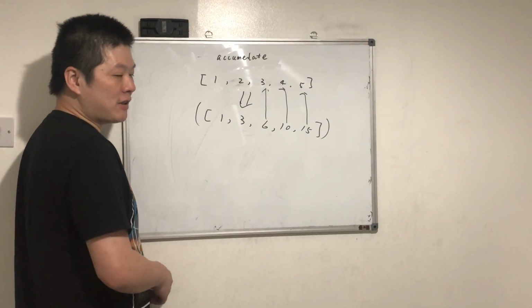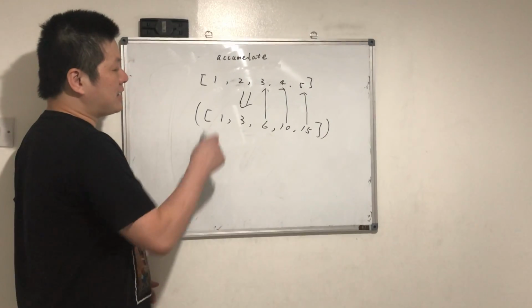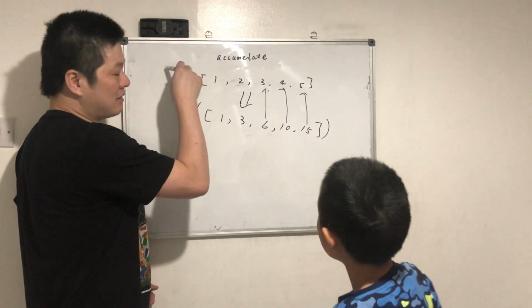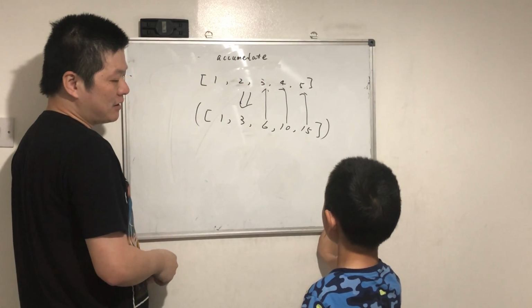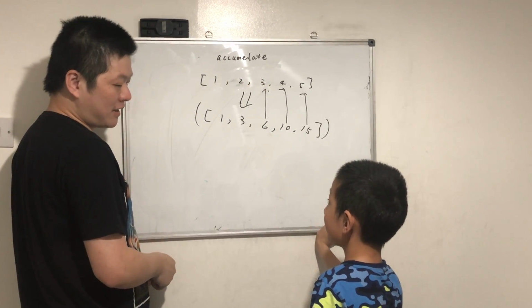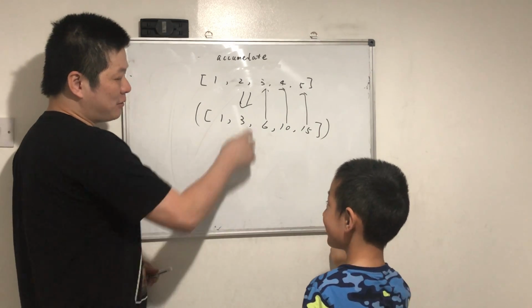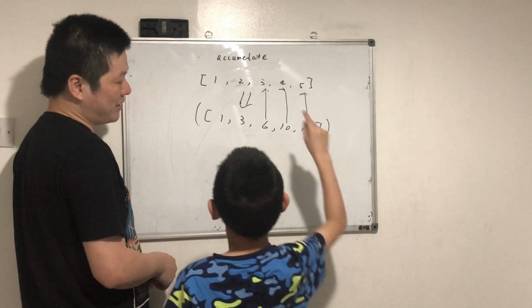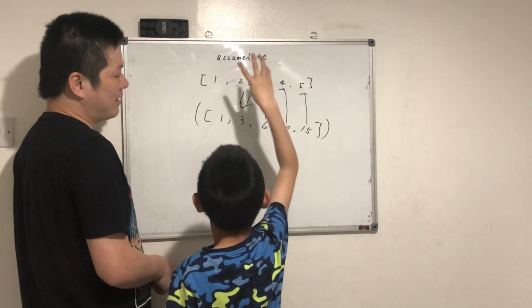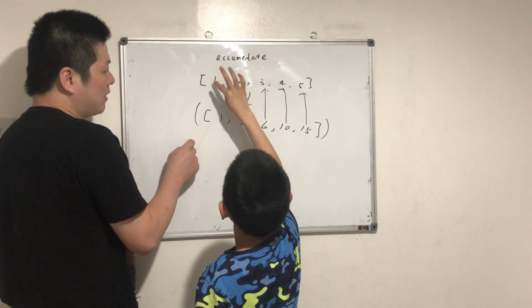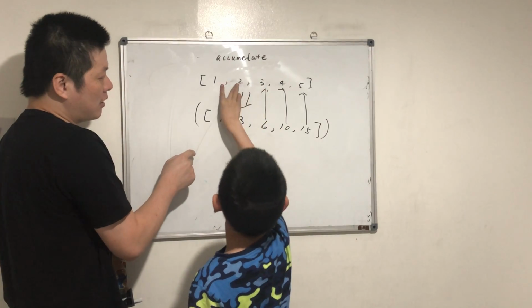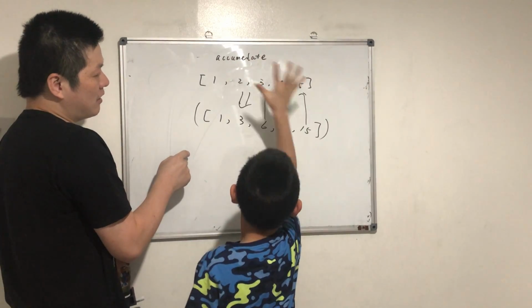Okay. Look. What's the sum up to this point? 1, 3, 6, 9. So what's the accumulate? Explain to me. So 1, 3, 6, 10, 15.